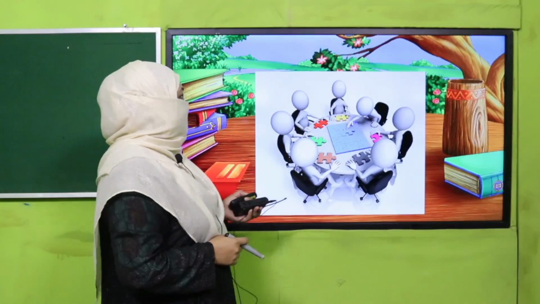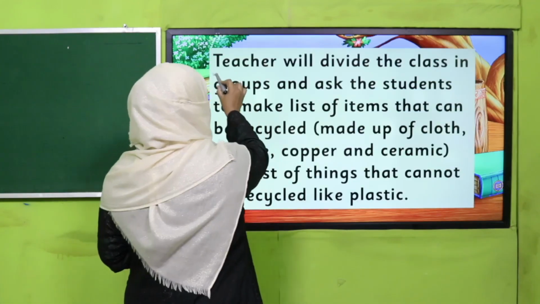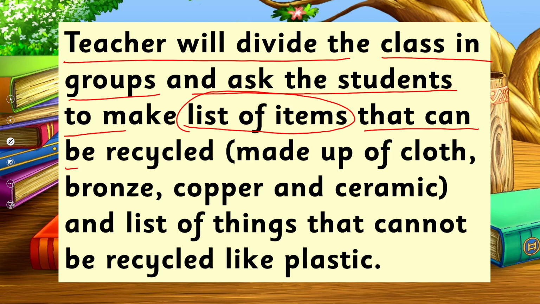Yes, my dear students, it's our activity time. What we are going to do now: the teacher will divide the class into groups and ask students to make a list of items that can be recycled. Yesterday you observed things which can be recycled.